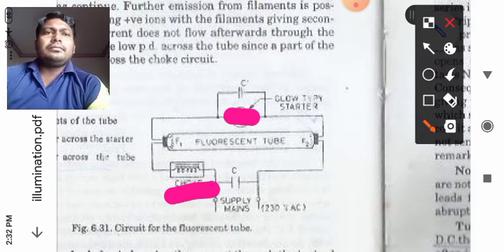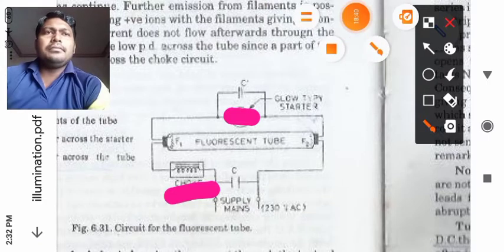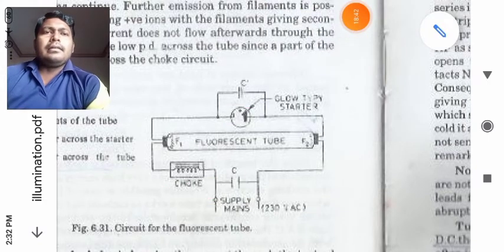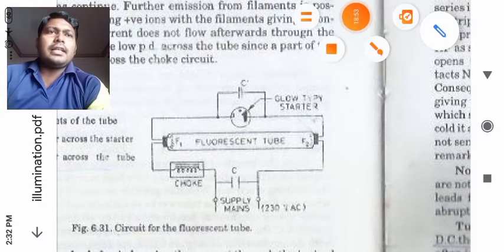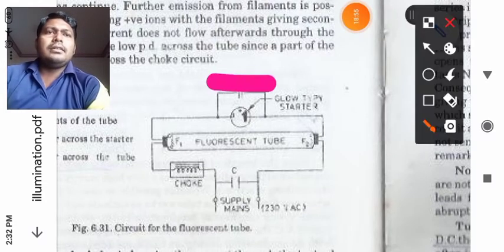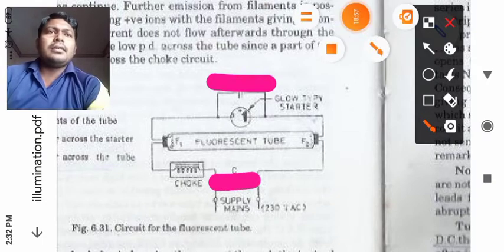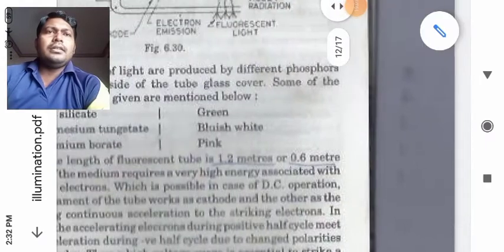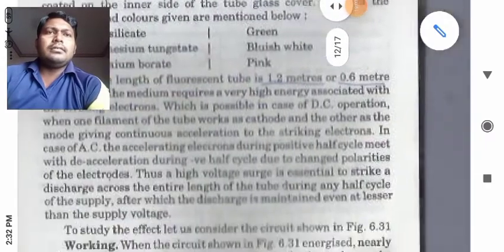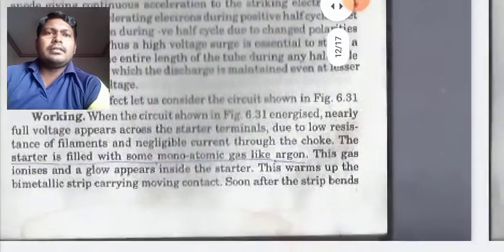Now the circuit is connected as per the diagram, with the starter, fluorescent tube and choke. Now capacitors are connected, as you can see in this diagram. These capacitors are connected to improve the power factor. We will discuss it in the theory part. So let us proceed.